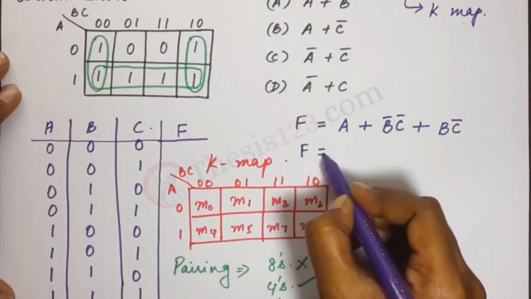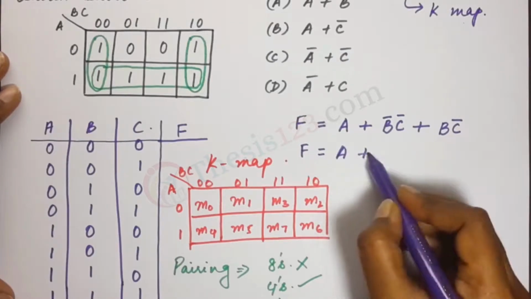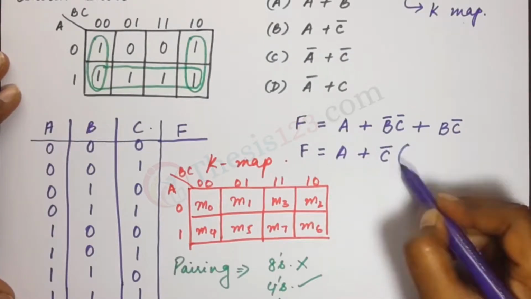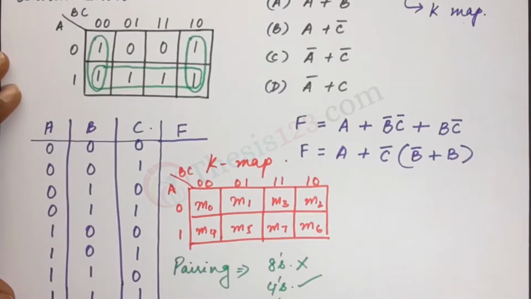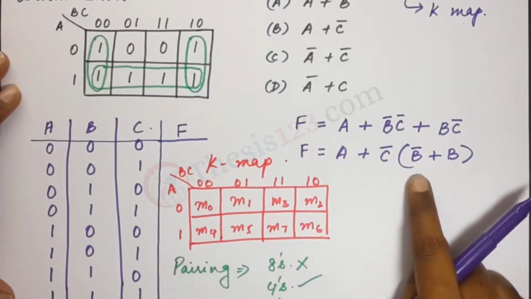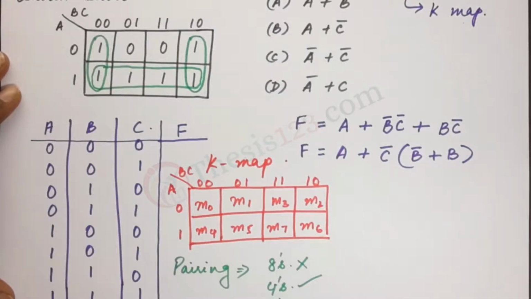So that's F is equal to, let's take C bar common here, A or C bar, we have B bar or B. Okay, so now according to the rules, we have a Boolean rule which says that A or A bar is equal to 1.